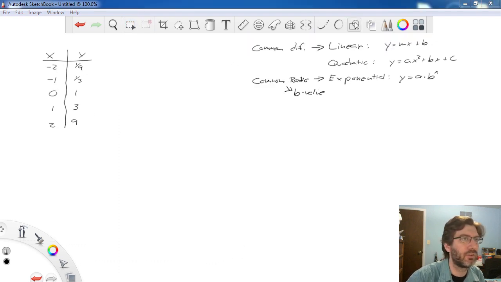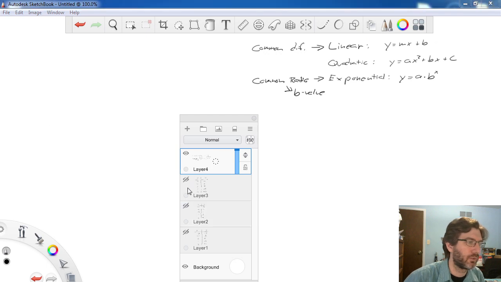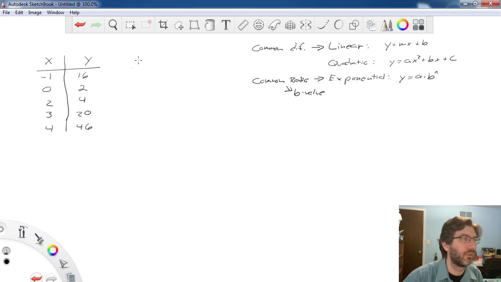I'll leave everything else. And let's look at a quadratic function. So again, this one here is going to be quadratic because that's what we're left with, and I am telling you it's quadratic. But how do I know this is quadratic? It's actually going to be very similar to linear. I'm going to look for those differences.